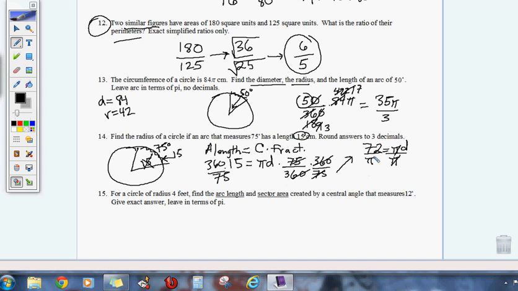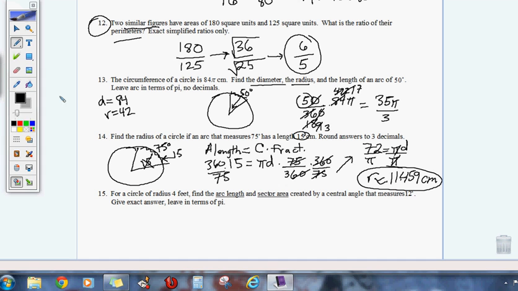Pi's cancel, and my diameter is equal to 72 divided by pi. When I do that on my calculator, I get a diameter of approximately 22.9, and when I divide by 2, because the problem is asking for the radius, I get 11.459 when rounded to 3 decimals. So that's my radius for this problem.